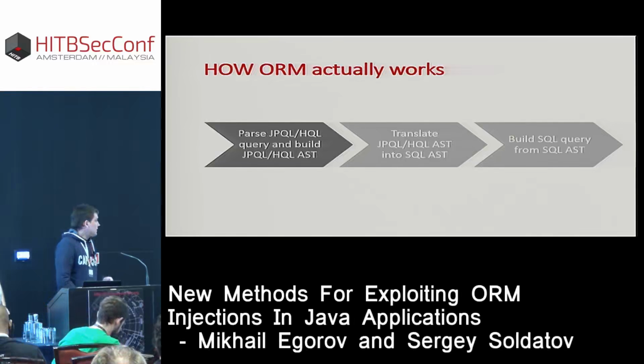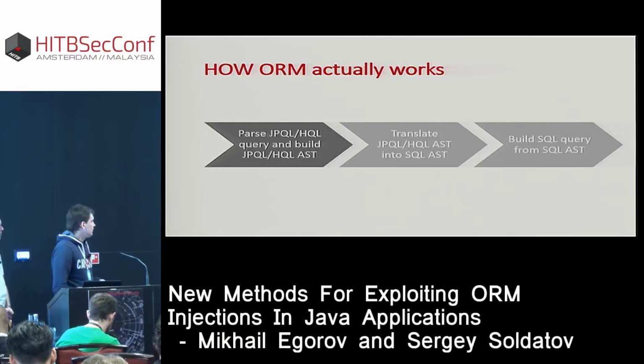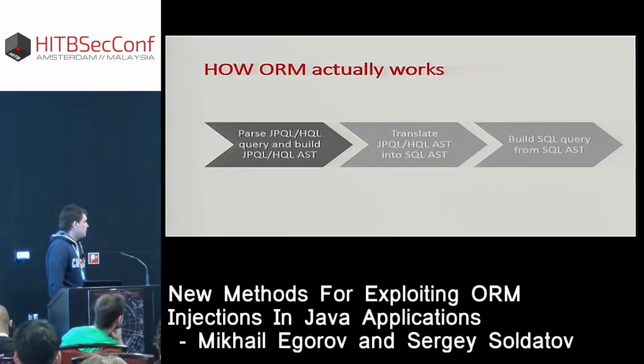Before discussing exploitation techniques, I want to show how, in general, an ORM library works. There are three main steps or phases. On the first step, the ORM library parses the JPQL or HQL query and builds a JPQL or HQL abstract syntax tree.